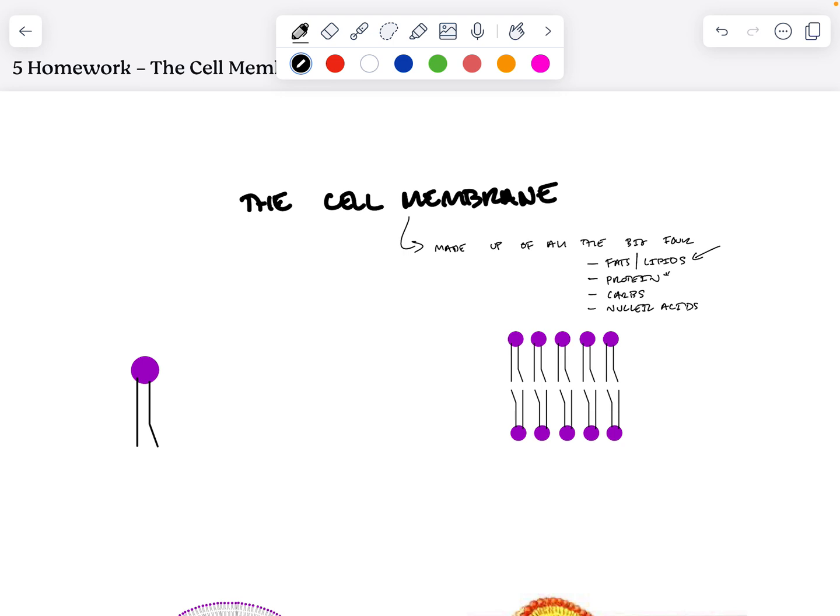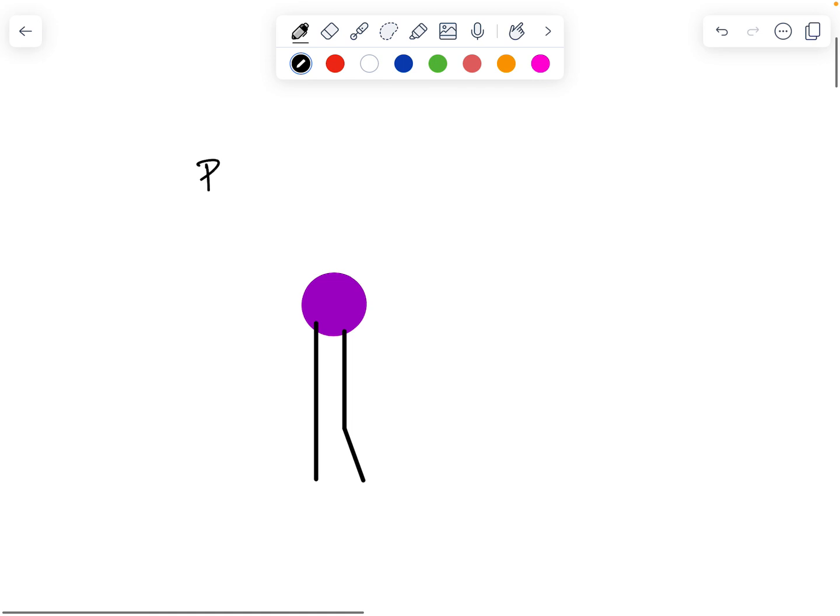Okay, the primary component of a cell membrane is called a phospholipid. This structure should look somewhat familiar to you, regardless of what class you were in last semester. Both Ms. Gartner and I talked about this structure, at least briefly. A phospholipid is composed of two different regions.